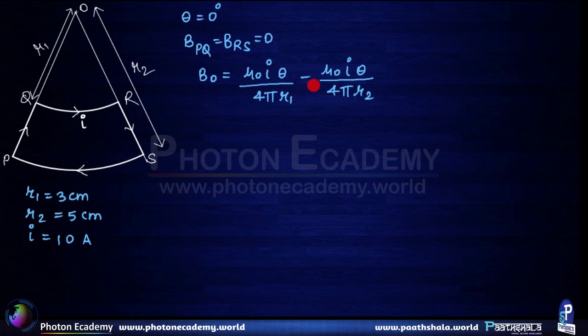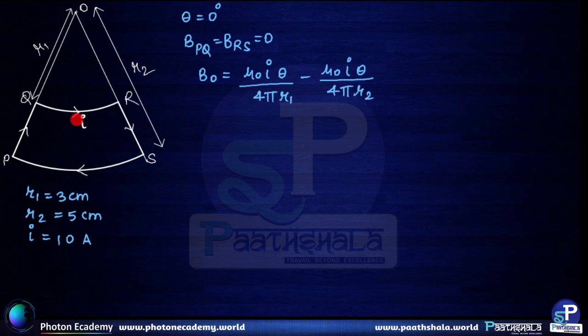There is a negative sign between these two as the direction of currents in both the loops is opposite.